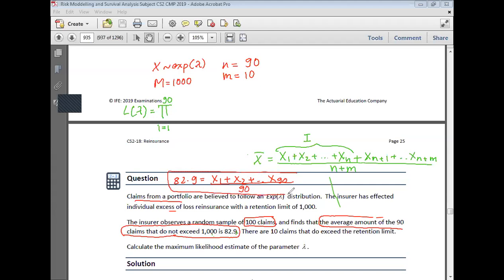It ideally won't be X bar, but it is just a matter of denotation. If you say that X bar is defined in such a way, then this is true. But that will just be a confusing notation because X represents all of the claim amounts, not only a certain part which the insurance company pays. Does this make sense?